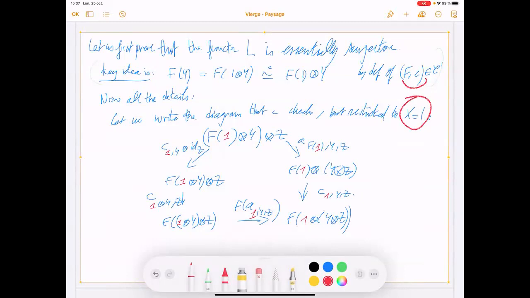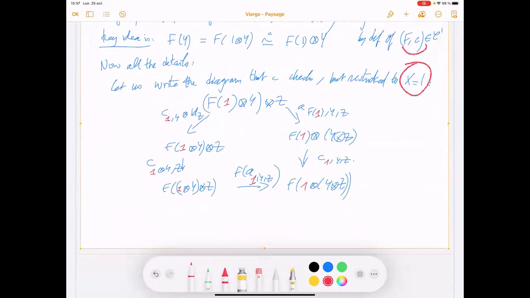And now we see by convention. So what we call the convention, every time we have A of 1, Y, Z equal identity: one tensor Y tensor Z equal Y tensor Z. Here we don't care about one.